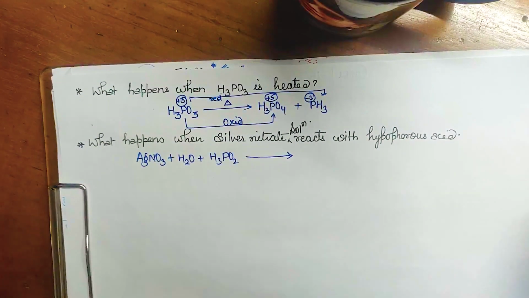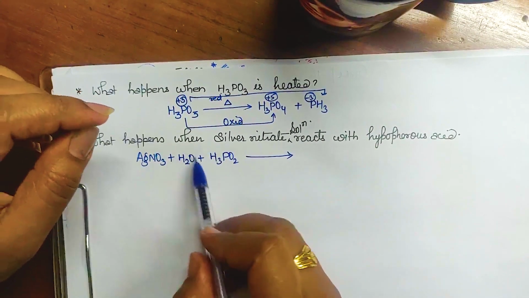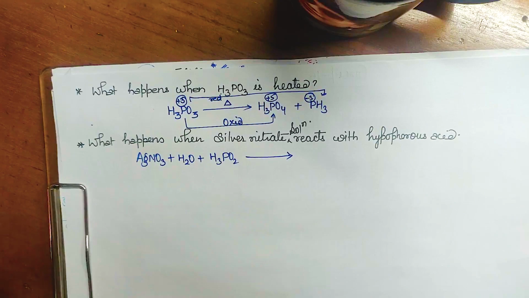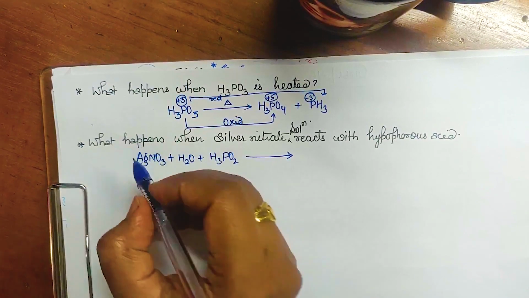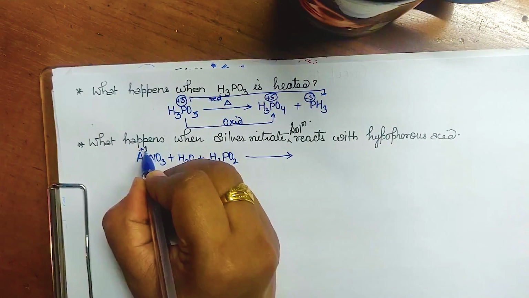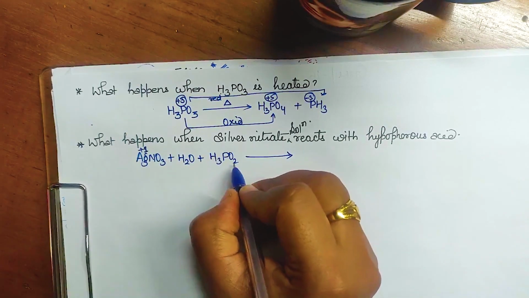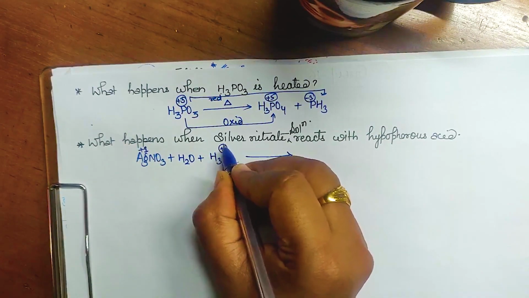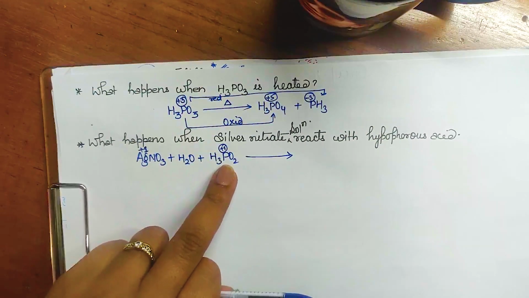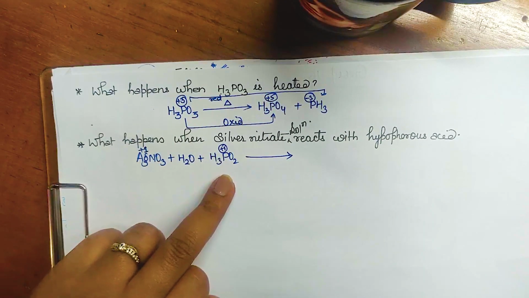Water is there, so the oxidation number shouldn't change. But note that phosphorus here is in the +1 state, which means it is in between stages.